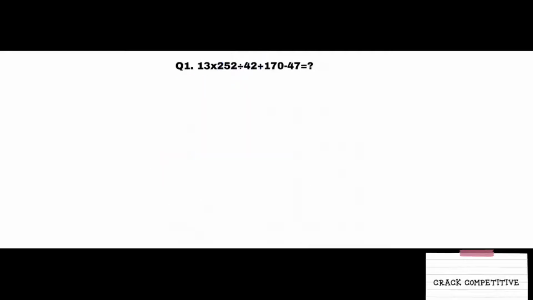So first you have to do this one, then this multiplication. I'm using several colors so that you can understand it. Then plus, and minus.